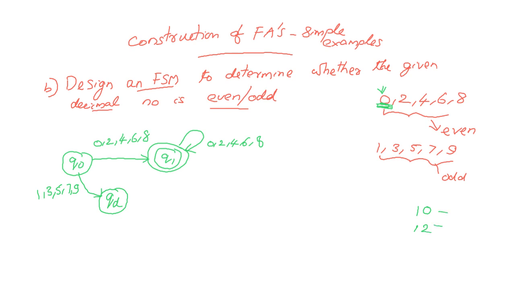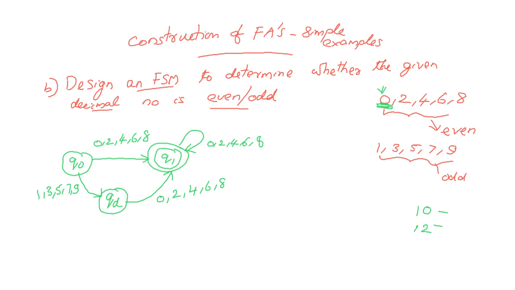So if you are getting an even number after getting the odd number, we will make the transition from QD to Q1. This means I will move from QD to Q1 if I am getting anything out of 0, 2, 4, 6, and 8.